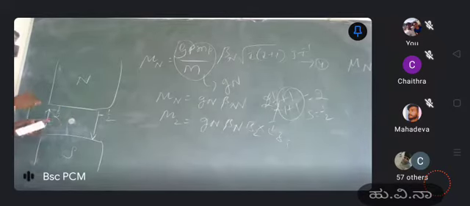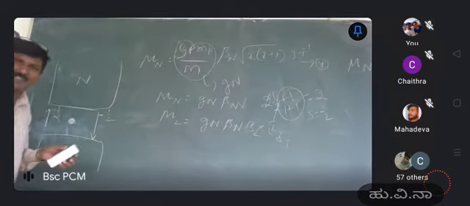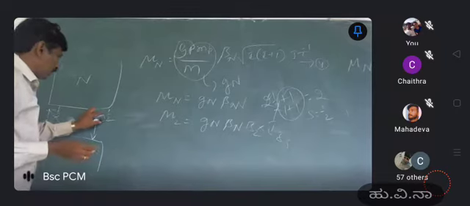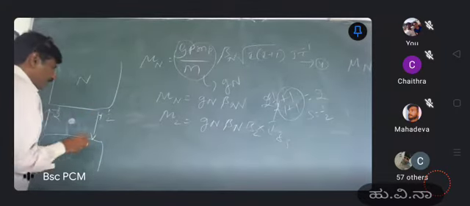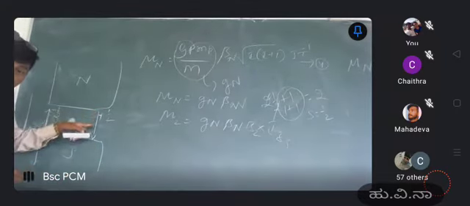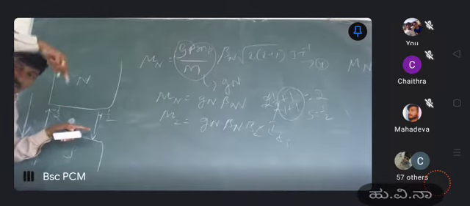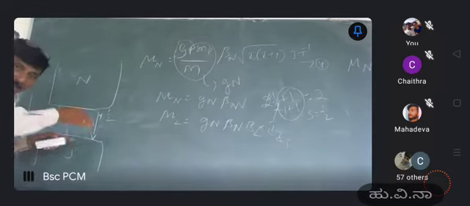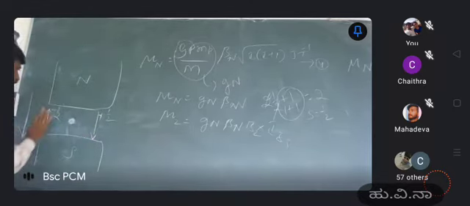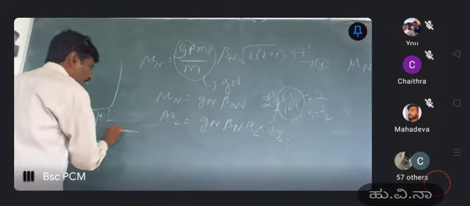It need not be plus half or minus half, this is only our convention. Suppose this is plus half: this aligns with the applied magnetic field, but the other is against the applied magnetic field. This is the axis of the magnetic field.